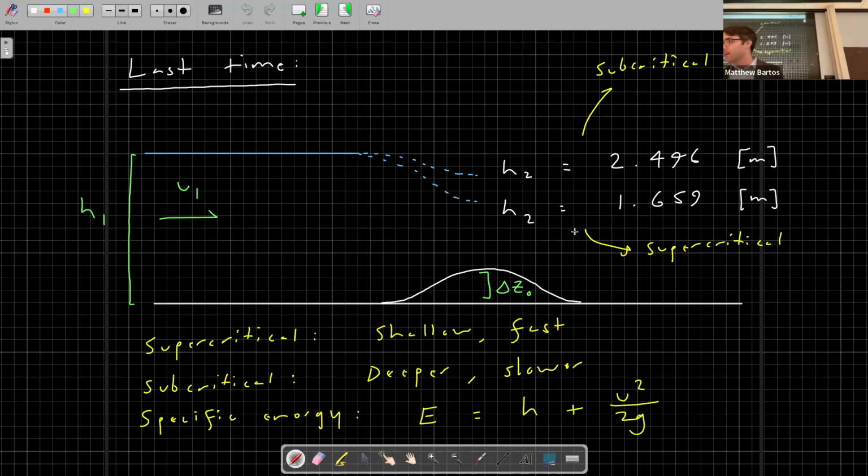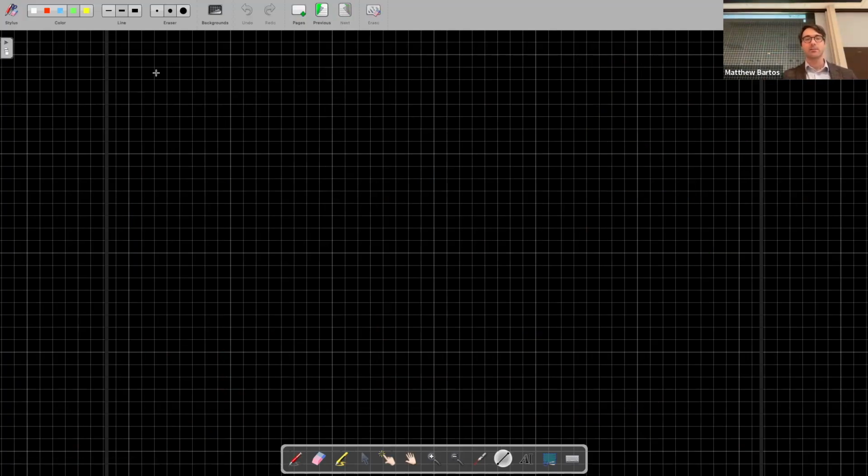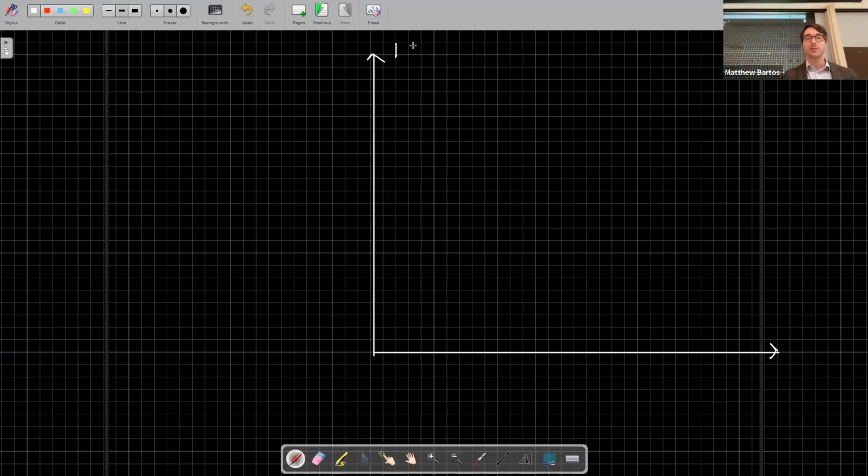So let's go ahead and take a closer look at the specific energy. I'm going to look at it as it goes through this transition, and we're going to try to reason about what's going to happen. So I'm going to draw my specific energy diagram again. On the y-axis, we have the depth. On the x-axis, we have the specific energy, which is equal to the depth plus velocity squared over 2g.